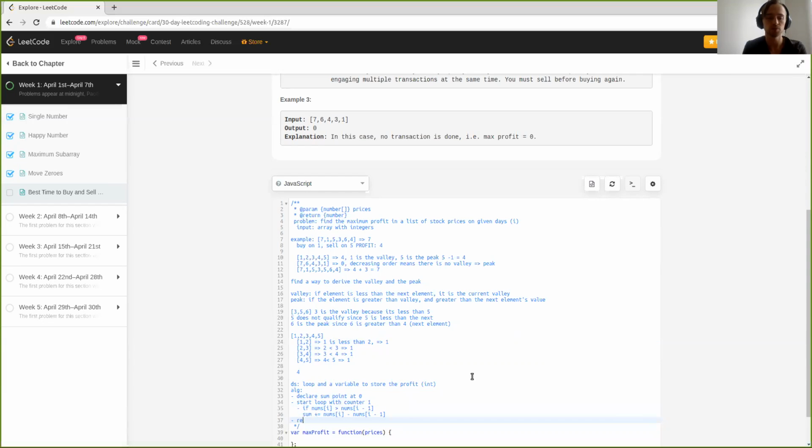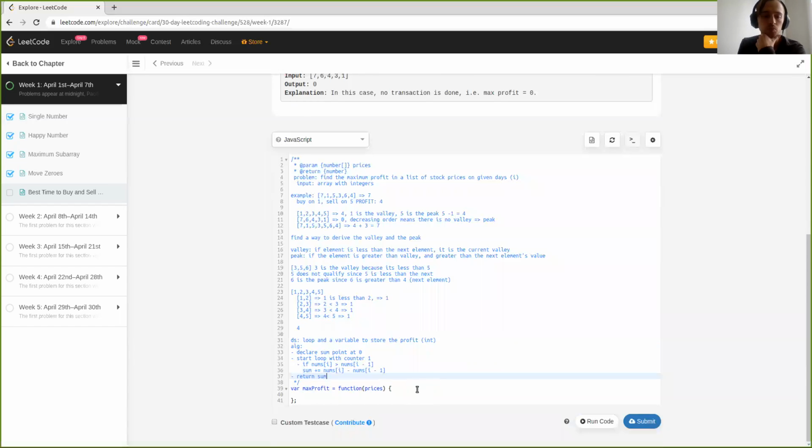Then at the end of that, we just return our sum. I think that mimics what we were talking about well. So 1 to 2, the current element 2 is greater than the previous element 1, so we add the difference between them, which is 1, to the sum. And we do that each time.